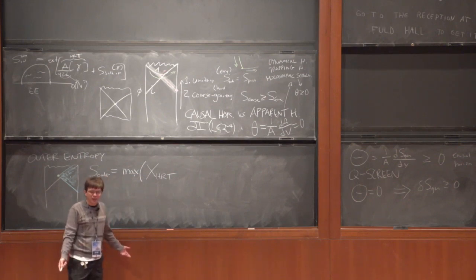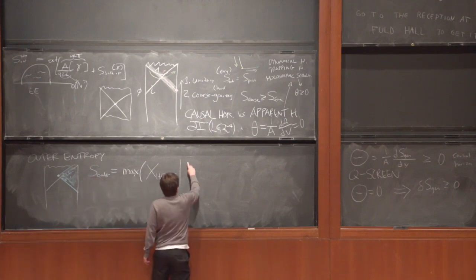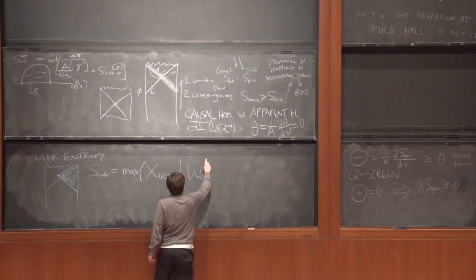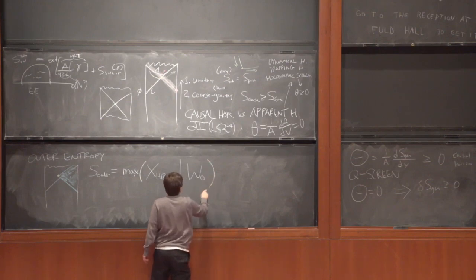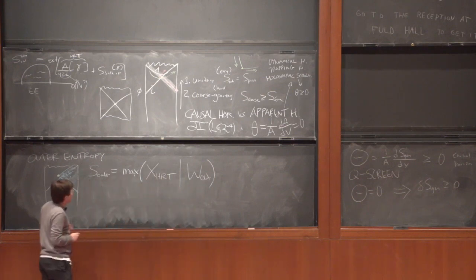If I'm willing to believe that the extremal surface lodged in a black hole throat gives me the entropy, I can do what I'm about to even in asymptotically flat space-time, where we don't understand holography too well. So this is subject to holding the outer wedge fixed.